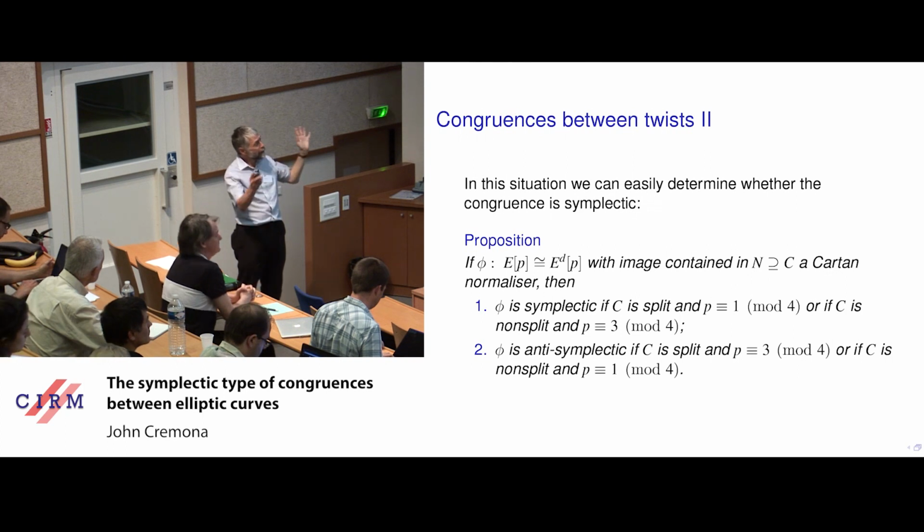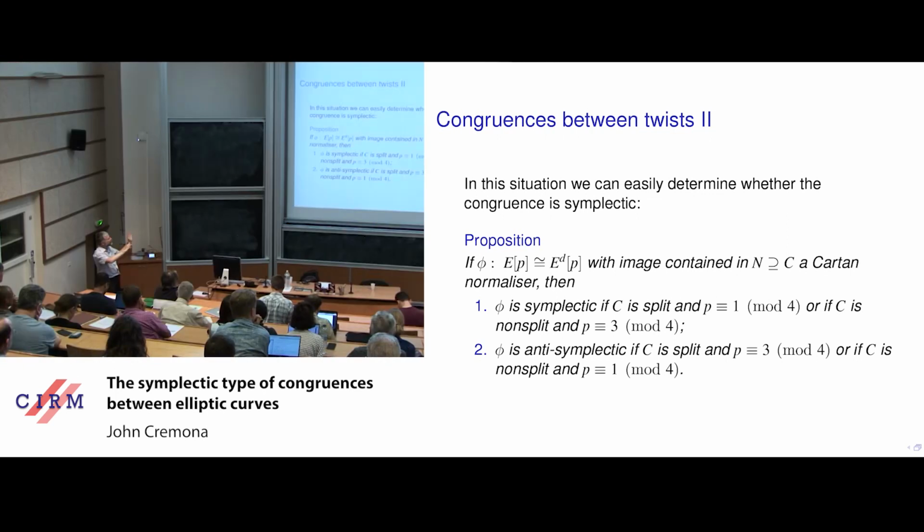If you have one of these situations where you have a P congruence between 2 quadratic twists, E and ED, and the image is contained in the normalizer of a Cartan subgroup, but not in the Cartan itself, and the Cartan subgroup is either split or non-split, and P is either plus or minus 1 mod 4, and if you tell me those 2 pieces of information, I'll tell you whether it's symplectic. It's symplectic if it's split and 1 mod 4, or non-split and 3 mod 4, and otherwise it's antisymplectic.